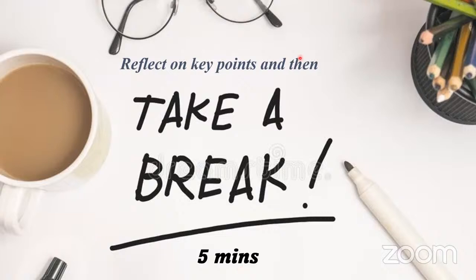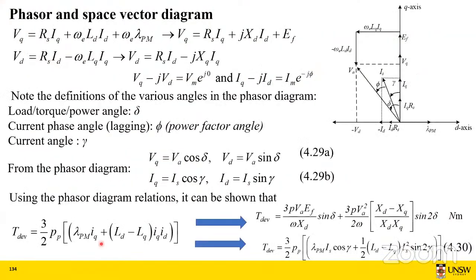So we go back and quickly look at the model. It's here. So lambda PM is the same concept as lambda F: the number of turns in your A phase multiplied by the flux coming from the rotor PM.